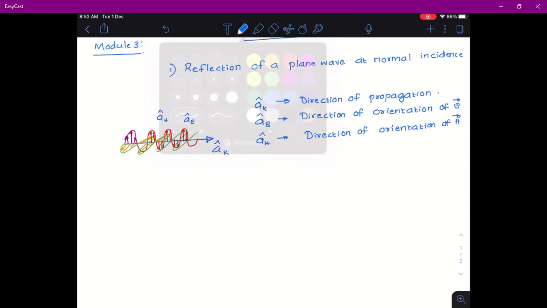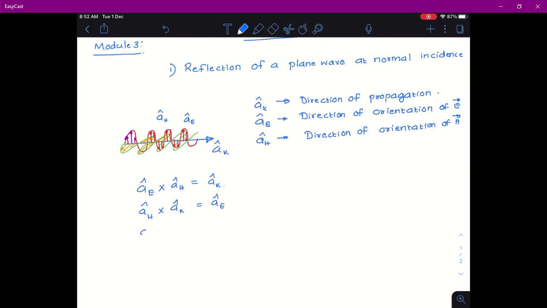When you take the cross product a_E cross a_H, it should be the direction of propagation. Similarly, the cross product of a_H and a_k should be a_E cap. Similarly, the cross product of a_k and a_E should be a_H.